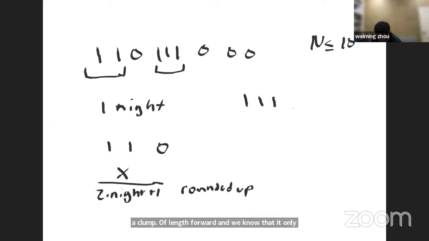If we consider a clump of length 2, and there's one cow that was sick initially, then what we have is 2 divided by 2 times 1 plus 1, which after being rounded up is equal to 1. And this corresponds to placing 1 cow here.